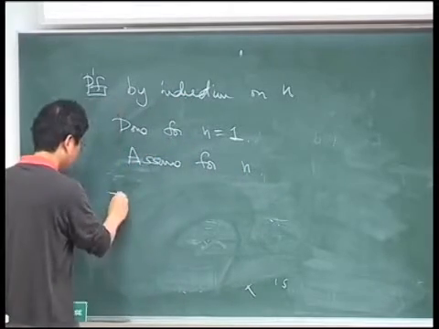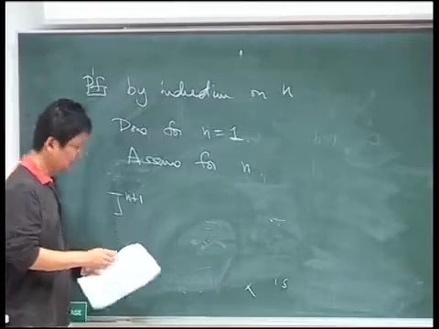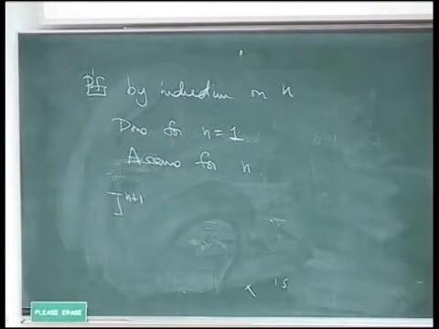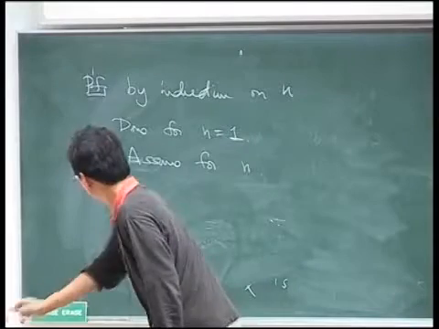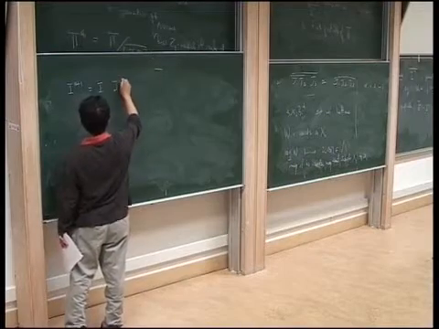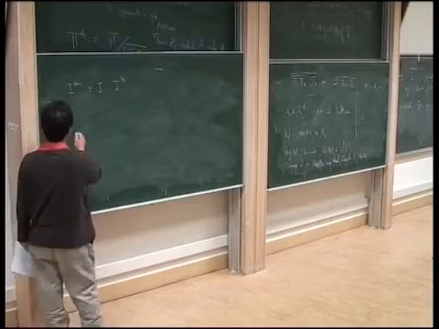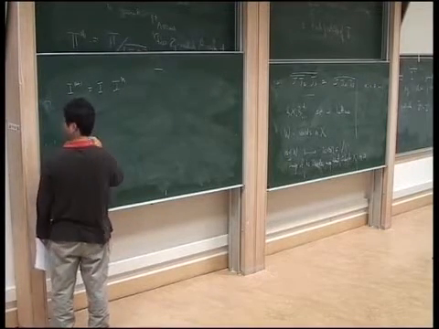And now let's examine I^(n+1). We write I^(n+1) as I times I^n, and we're writing I^n by the inductive assumption.